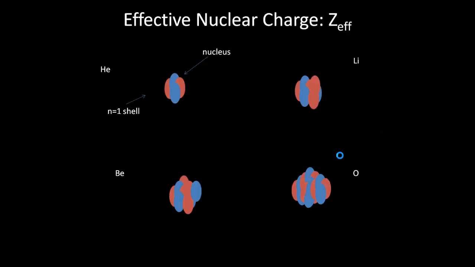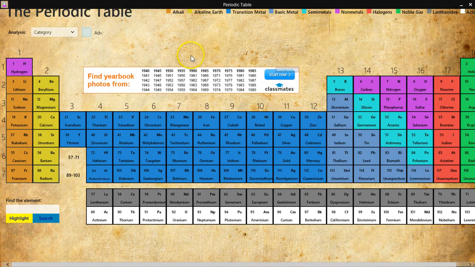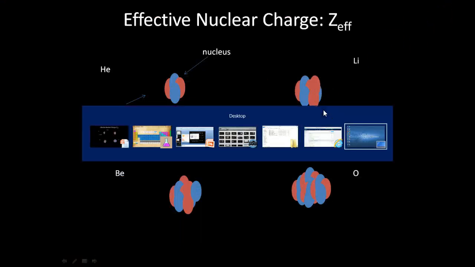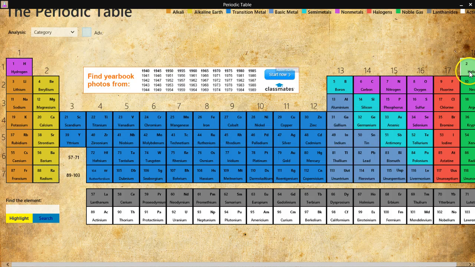This is another way to think about it. Remember, all of the protons are at the nucleus here. We also have some neutrons too. But for helium, which is right here, it's got 2 electrons total.